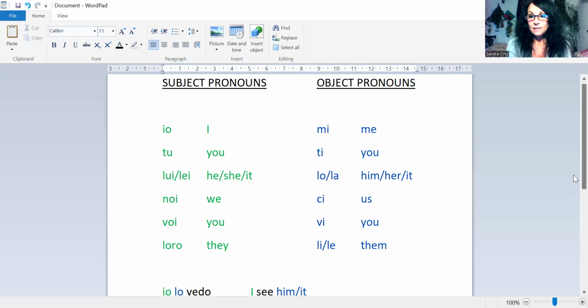So as I said in the previous video, pronouns are those little words which stand in place of a noun. A noun can represent a person, an object, or somebody's name. So, for example, let's use the easiest one, like he or she, or instead of he or she, you can use somebody's name.